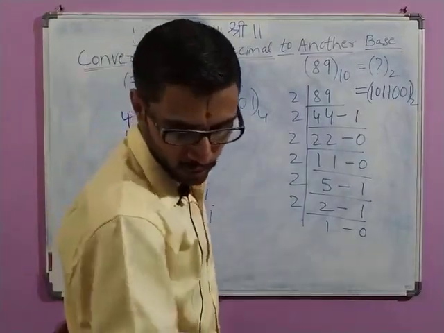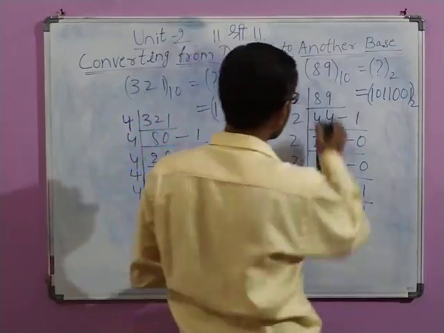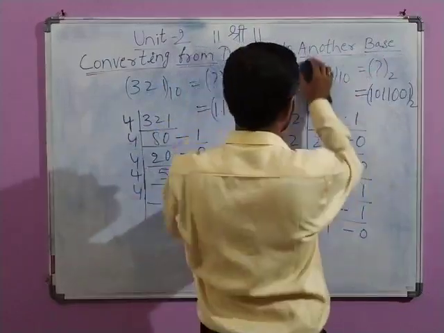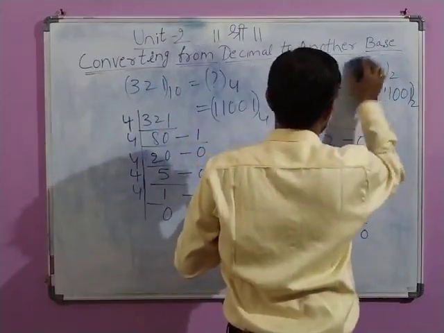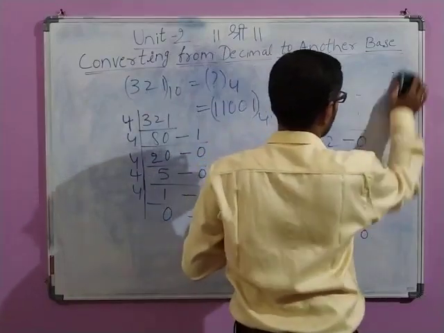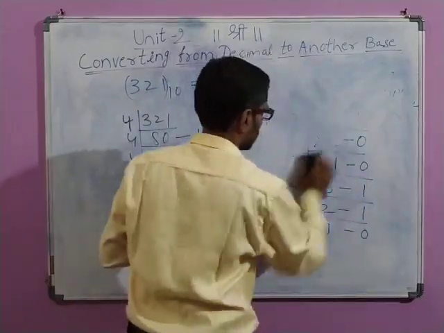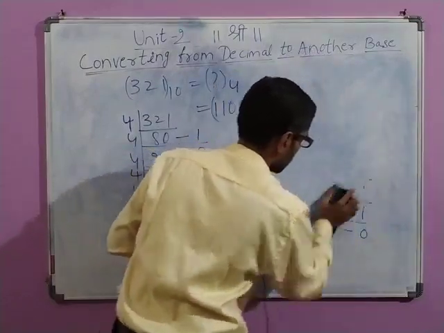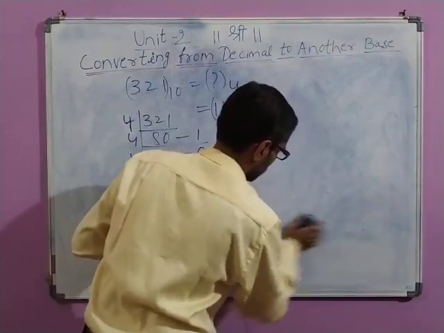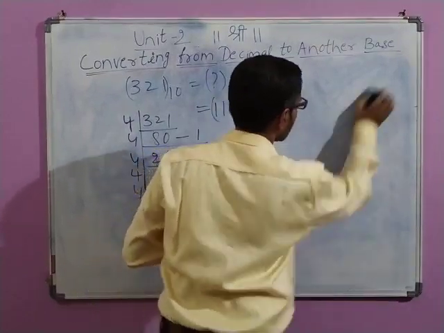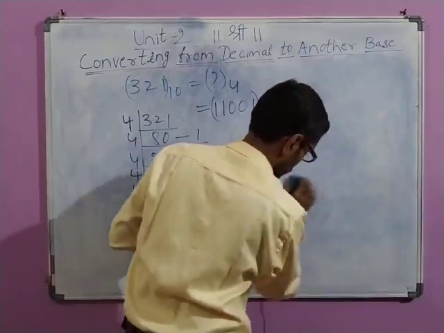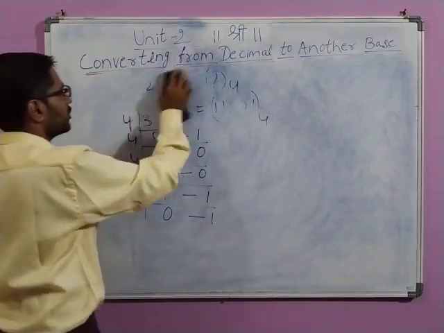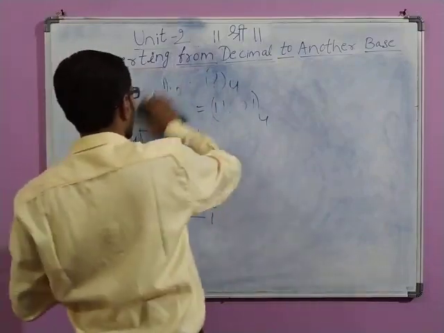So let me take one more simple example. Here we are converting from decimal to another base. I will also show you the verification, whether we are getting the correct results or not. How can we do that?